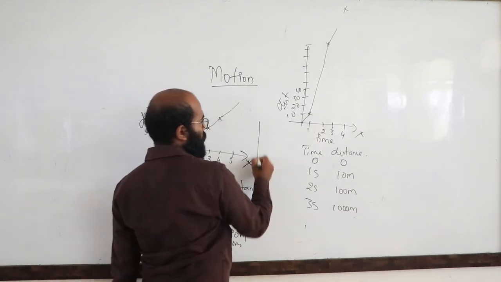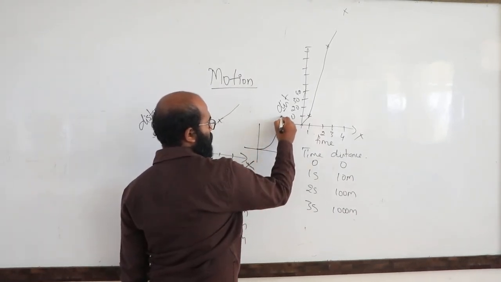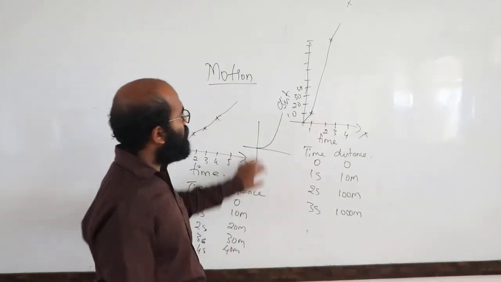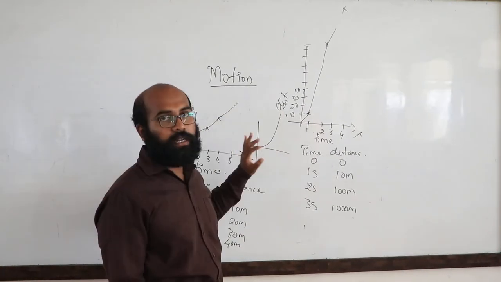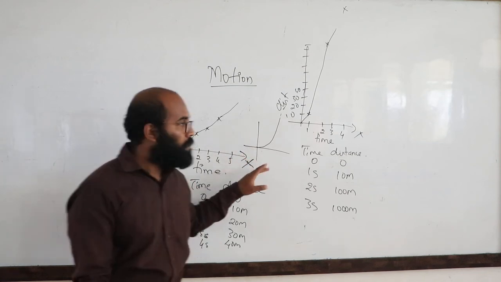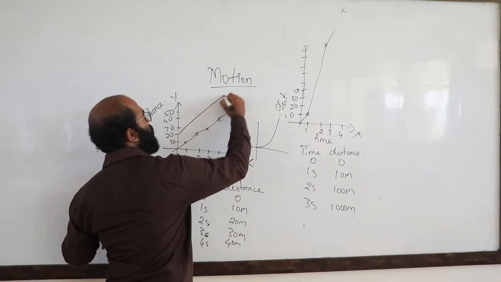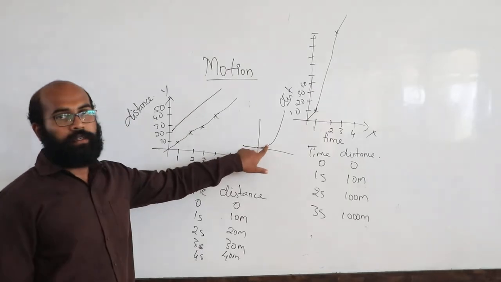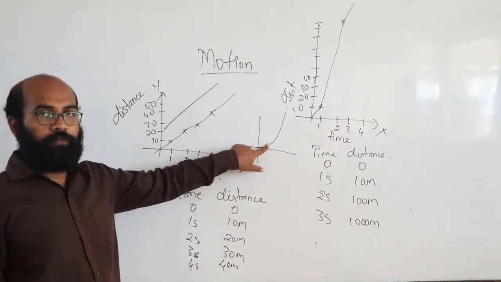This is also called exponentially increasing. It is not linear. This is linear because it is a straight line, whereas this is not a straight line.